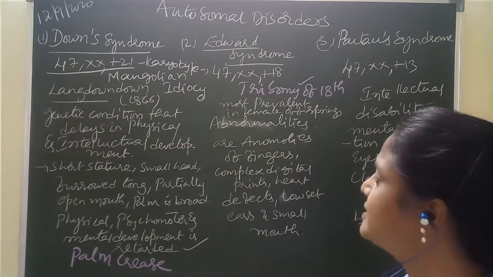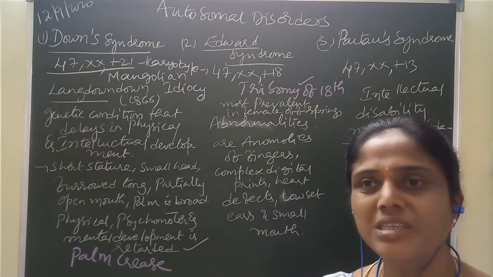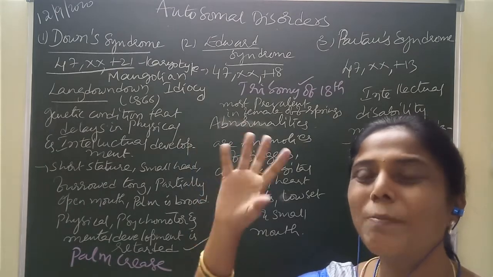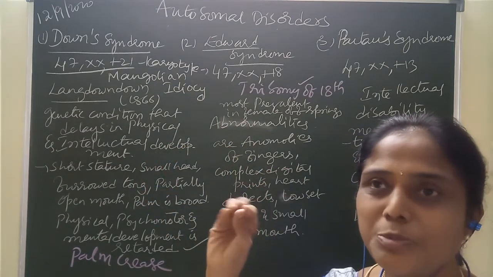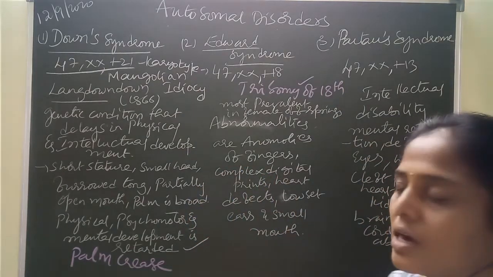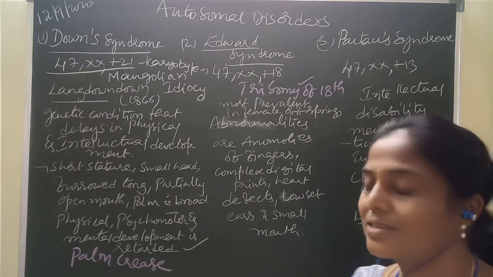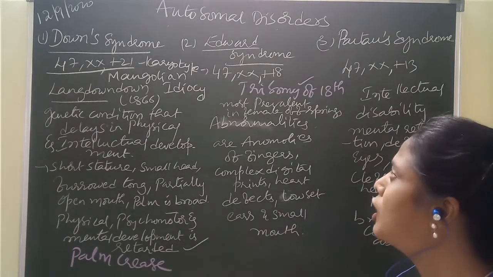The abnormalities include anomalies of fingers, meaning there is no particular shape and size of the fingers, especially the thumb. Then complex digital prints, heart defects, low set ears, and a small mouth.